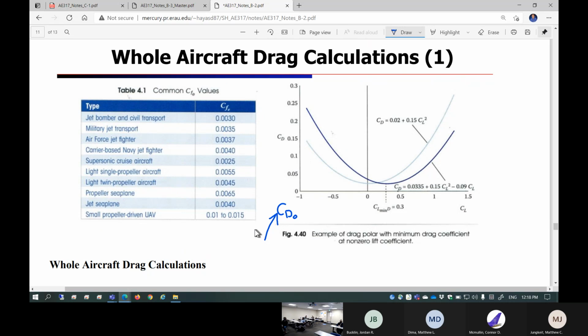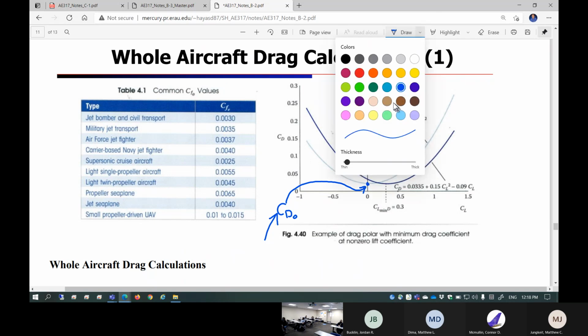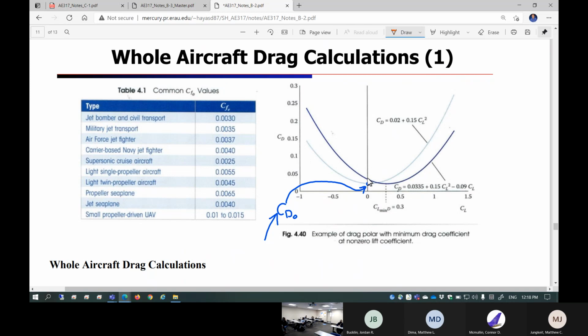Zero lift drag coefficient, right? Or parasite drag coefficient. That means if the airplane is not producing any lift, how much drag do you have? That's called CD0. This is typically the minimum point, right? But depending on your configuration, your airplane may come up with a CD0 right here. This is CD0 still, but this is not the minimum point of the drag. The minimum point shows up right here.